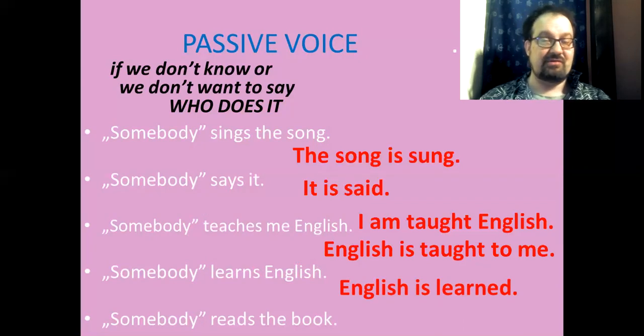Somebody reads the book. There is a book, and we know it is interesting enough for some people to read it. Okay, you can buy the book. You can, and so we see somebody buys them. So somebody probably reads the book. I don't know who reads this book, but the book is read.